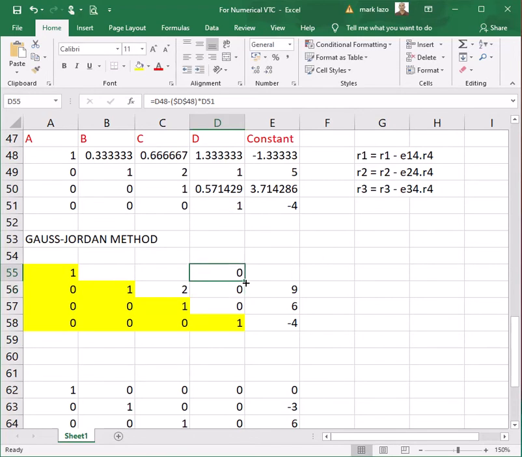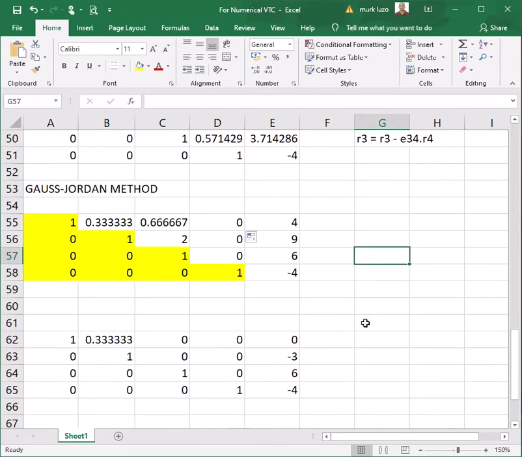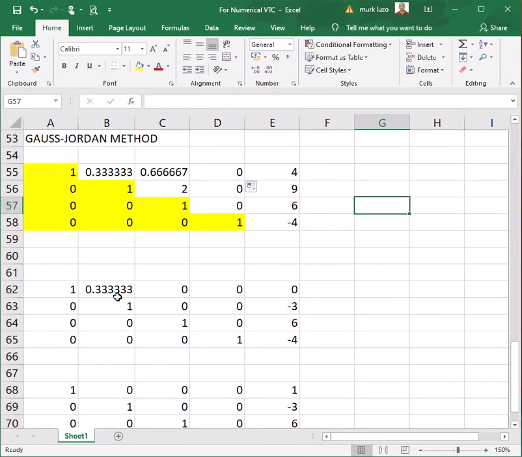Again, I need to apply it here, so drag to the left, and you can apply it here, drag to the right. There you have it. So let me erase this one first.